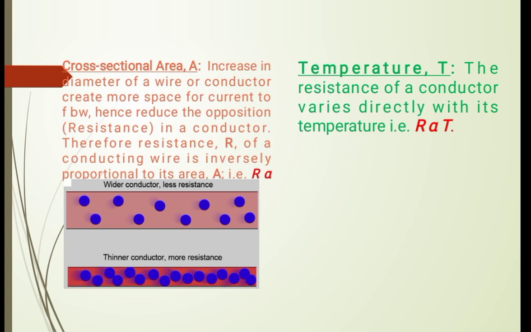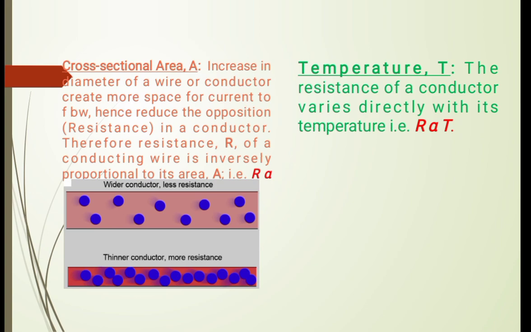In a wider conductor, we have more space for the electrons moving through the conductor to occupy, which translates to more space for current to flow through. Now, in a thinner conductor, we have little space for the electrons to pass through, which will make the electrons encounter some obstacles in passing through a thinner conductor.